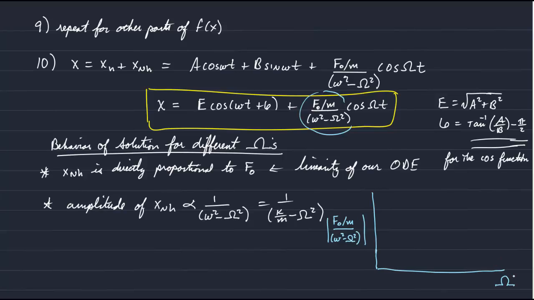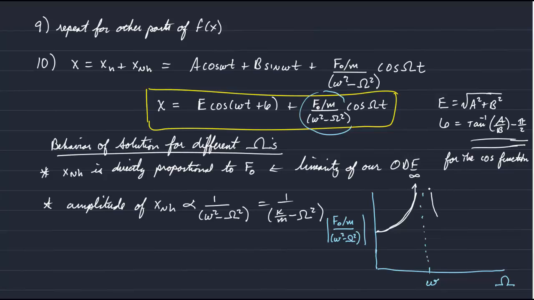Right there. And there's a special point where the driving frequency is equal to the natural frequency, and we haven't produced that solution yet, but the behavior looks something like this. As you can see with the difference being in the denominator, as capital omega approaches little omega, the amplitude shoots up to infinity.